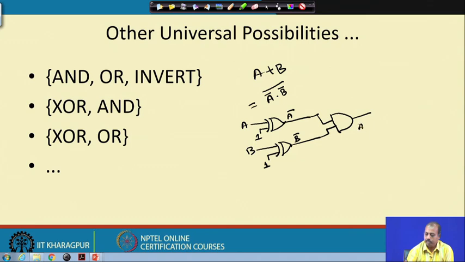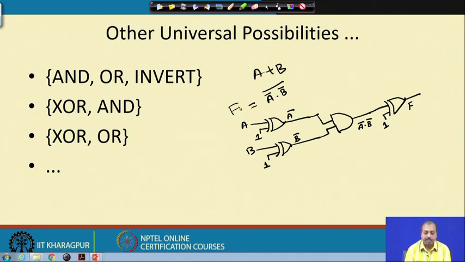So, I get here A bar dot B bar, and after that I can take an inversion, so I take it to another XOR gate with the other input tied to 1. Here you get F. So, ultimately we are getting F equal to A bar B bar whole bar, and that is nothing but A or B.